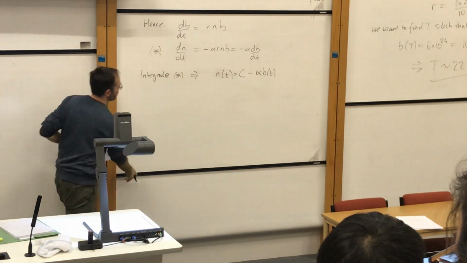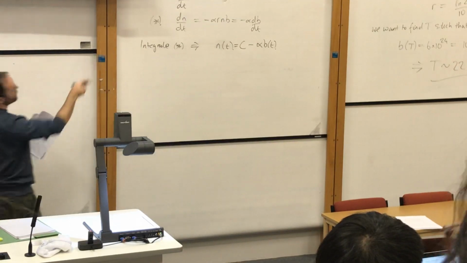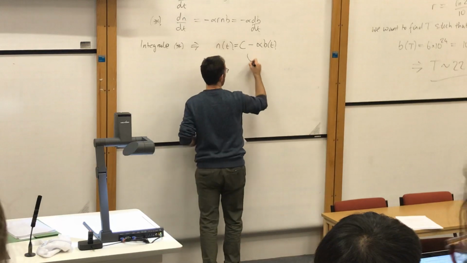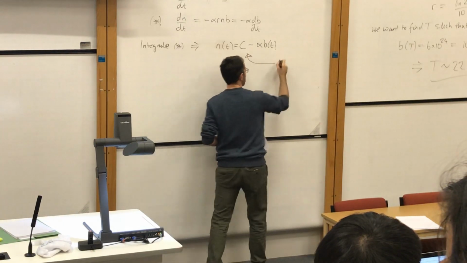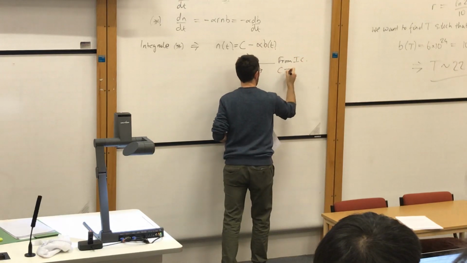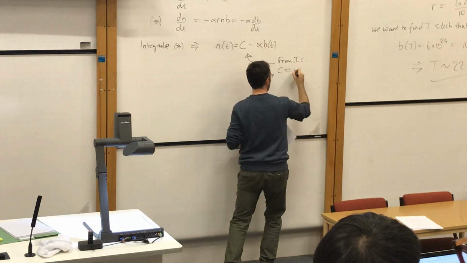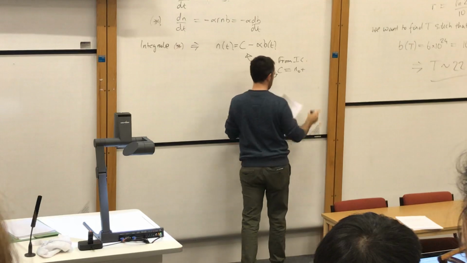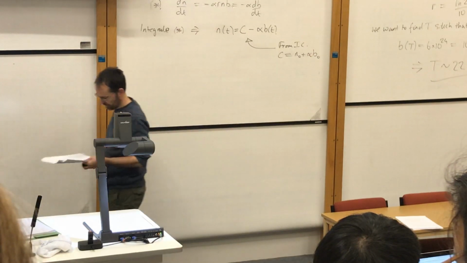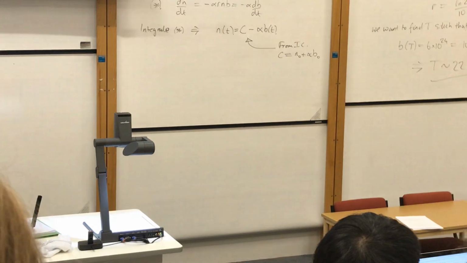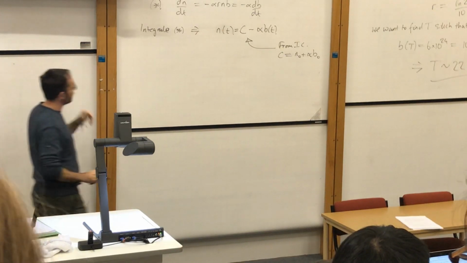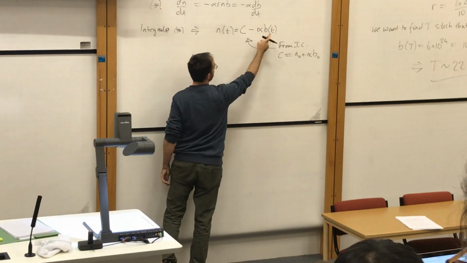From the initial conditions above, we can work out that c is given by n naught plus alpha b naught. So just by straightforward integration, we get an expression for n in terms of b.